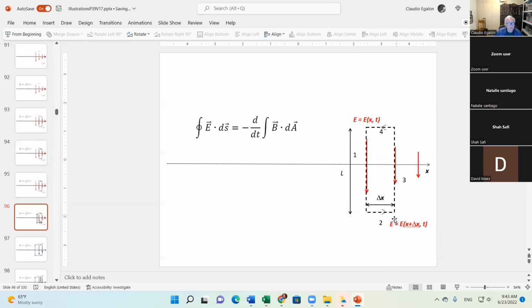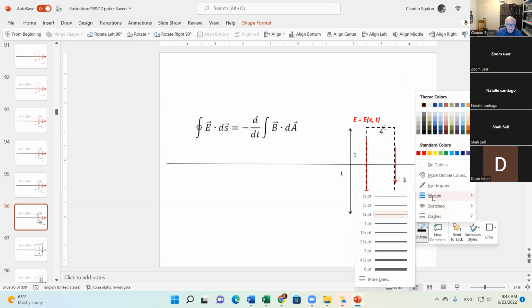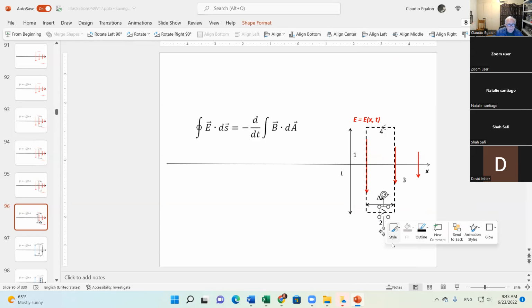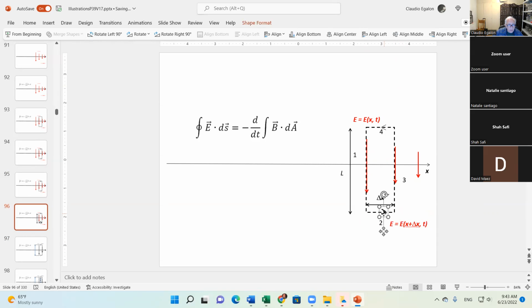Position x, position x plus delta x. Can I do better? I want to make it thicker. Thicker than that, yes. Here you go. And we have to do this other one as well.